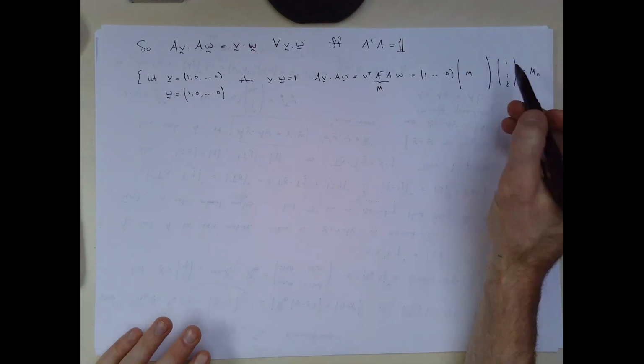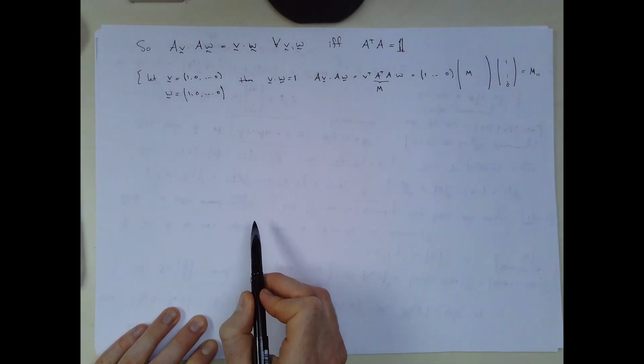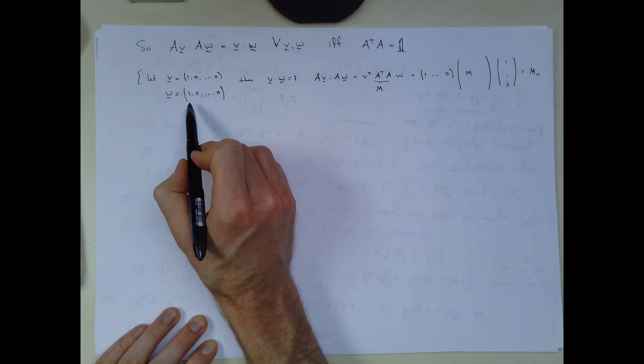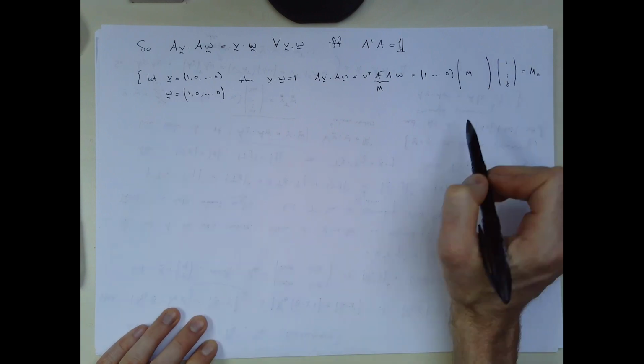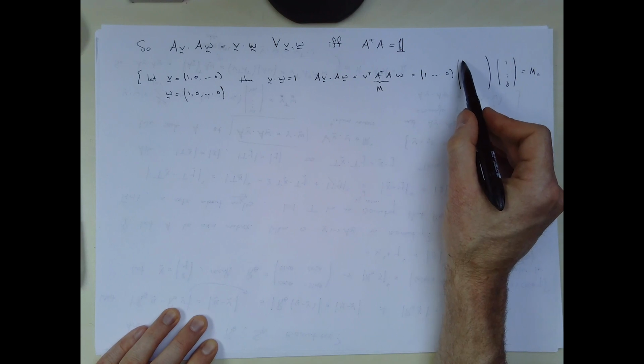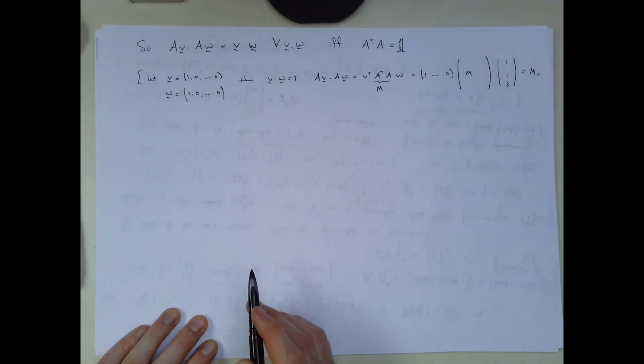This shows that the 1,1 component of A transpose A is 1. If we then took W equals putting a 1 somewhere else, we could pull off all of the components of M, and you would see that you get 1s down the diagonal and 0s everywhere else. So this is an if and only if.